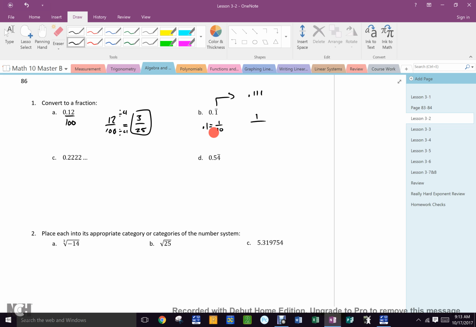What are the integers beside 10? There's two integers that are beside 10. What are they? 9 and 11. Which one is slightly bigger as a fraction? A ninth or an 11th? A ninth. So this must be 1/9.